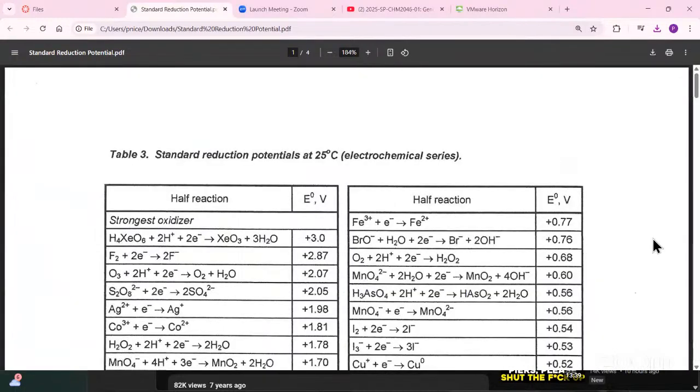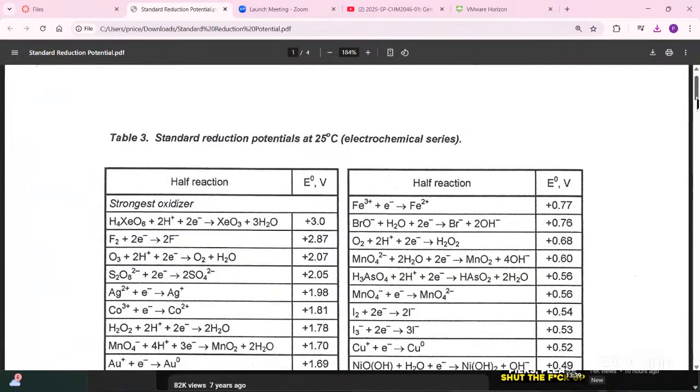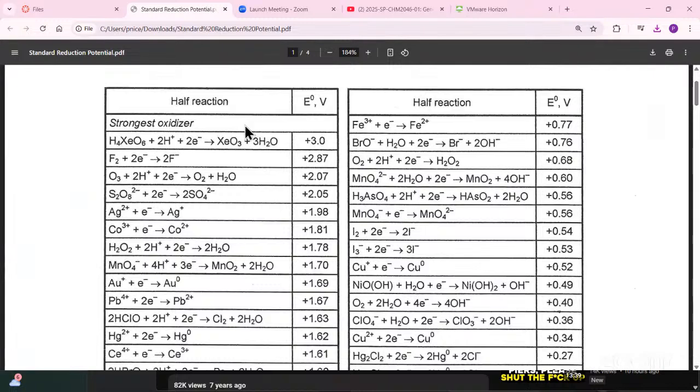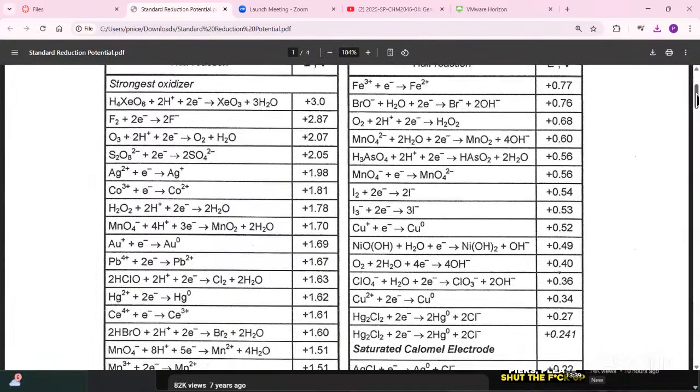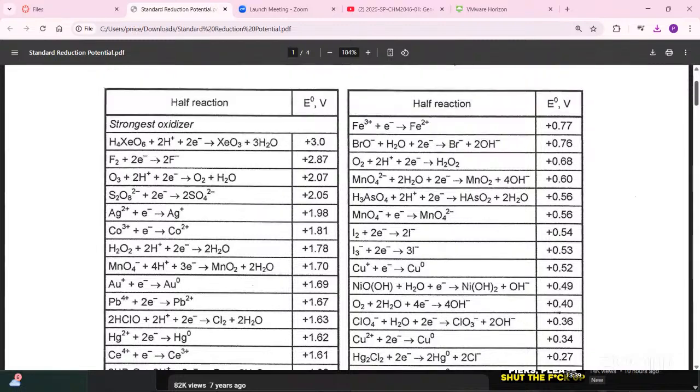You may want to have a look at it to get familiar with it. These are all reduction half reactions and their corresponding standard electrode potentials. Now, if I remember correctly, this table organizes the half reactions according to the magnitude, highest to lowest, of the EMF values.